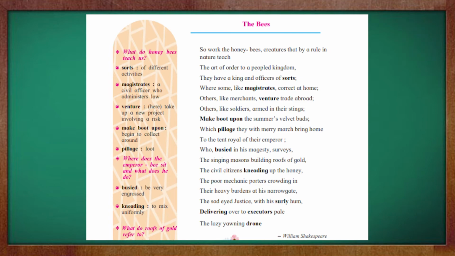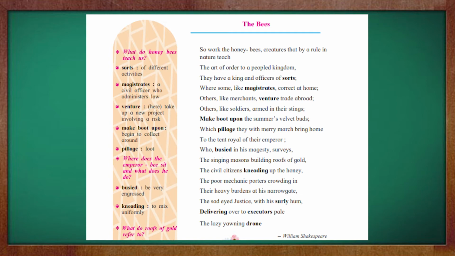Children, were you able to solve this activity? Let's have a look. Let's look for stanzas with alliteration. Number 1. Which pillage they with merry march bring home?